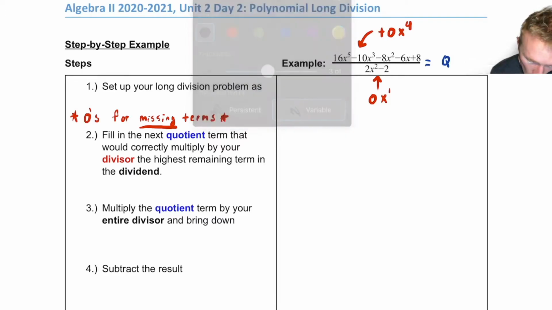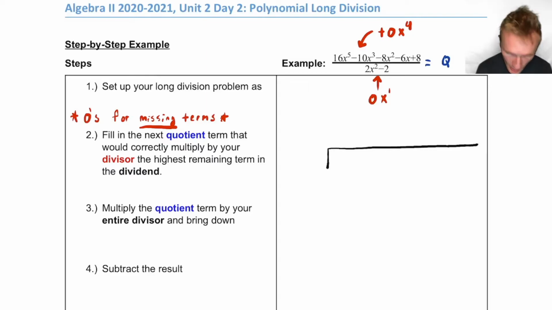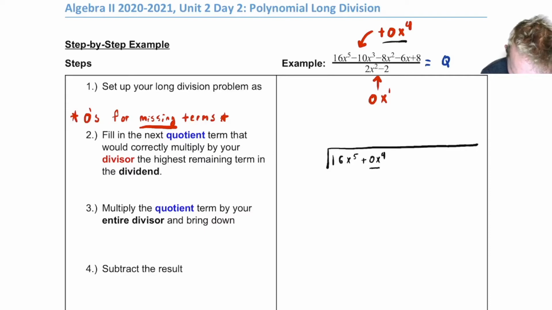I'm going to set up a pretty long division sign here. Our dividend in black is going to be 16x to the fifth plus 0x to the fourth. Notice I'm putting that plus 0 in.